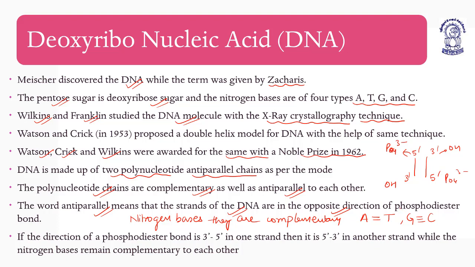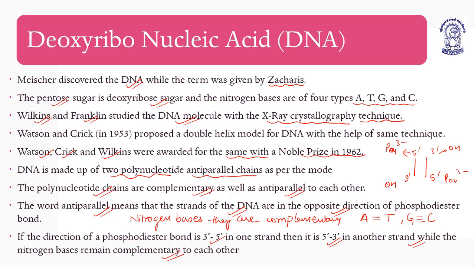If one strand has G, then the other strand will have C. If the direction of the phosphodiester bond is 3 prime to 5 prime in one strand, then it will be 5 prime to 3 prime in the other strand, while the nitrogen bases remain complementary to each other.